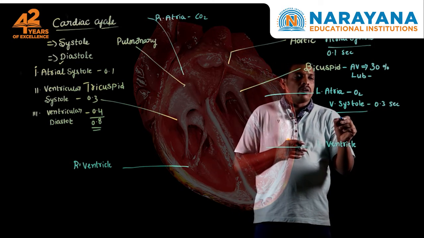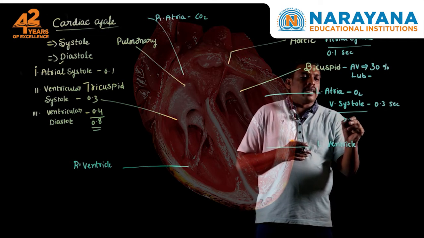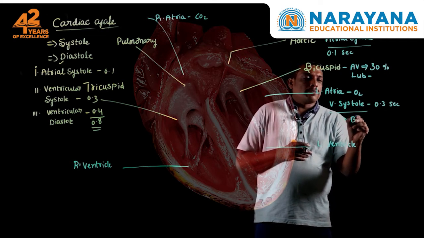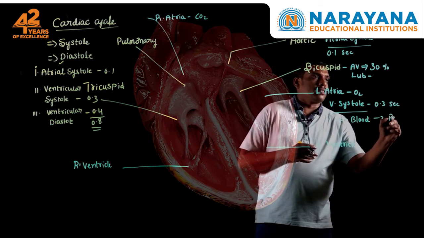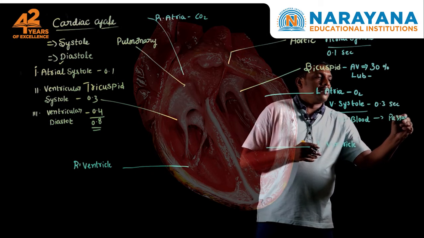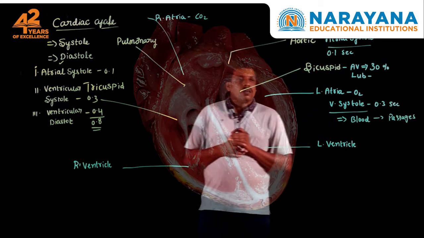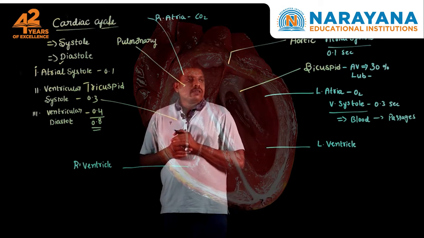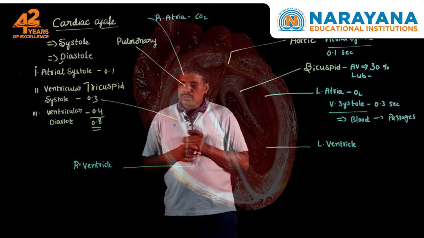If the ventricles contract, the blood from the ventricles enters into their respective passages. While the blood enters into their respective passages, slowly the ventricular systole is going to reduce.